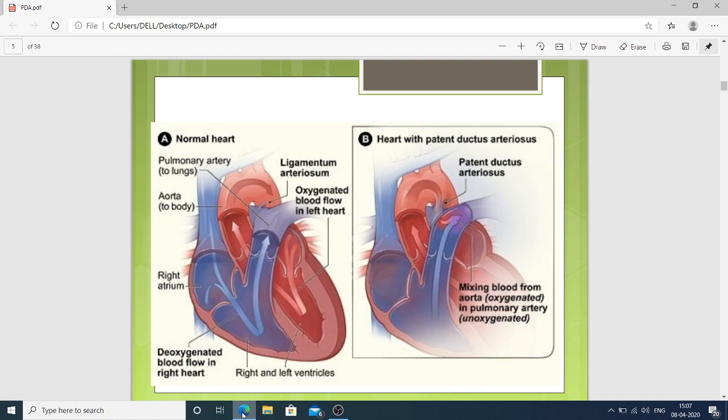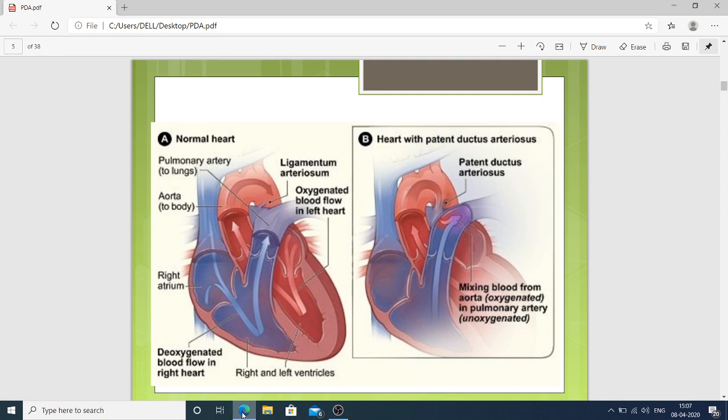What happens actually? Failure of closure of the ductus arteriosus leads to shunting of blood from the high pressure aorta to the lower pressure pulmonary artery. Why?